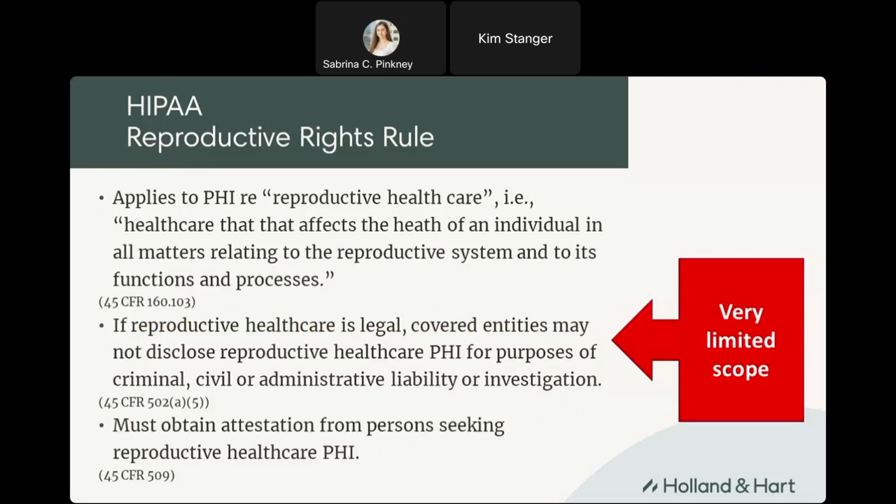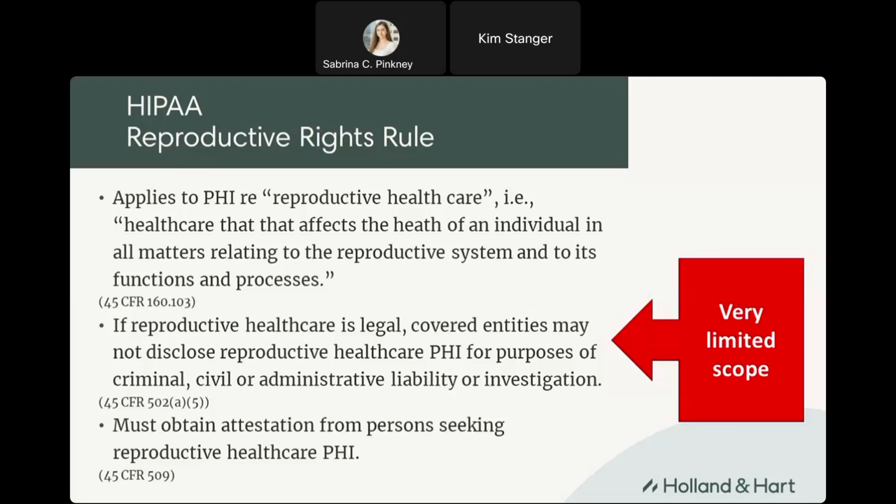Essentially, this new rule provides certain extra rights for reproductive health, protected health information concerning reproductive health, which is defined as healthcare that affects the health of an individual in all matters relating to the reproductive system and to its functions and processes. Very broad.